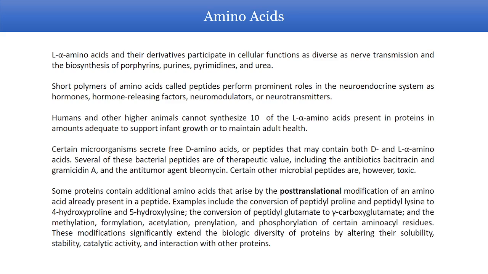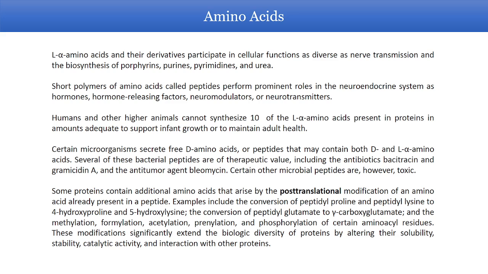Several of these bacterial peptides are of therapeutic value, including antibiotics like bacitracin and gramicidin A and the anti-tumor agent bleomycin. So these contain both D and L alpha amino acids.